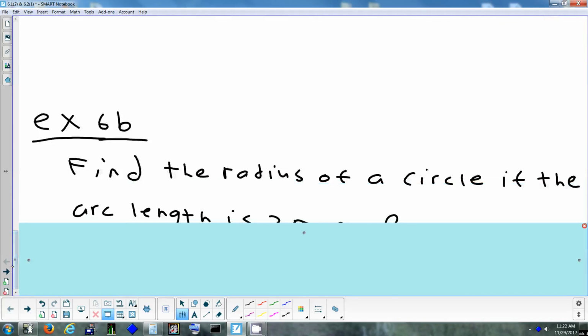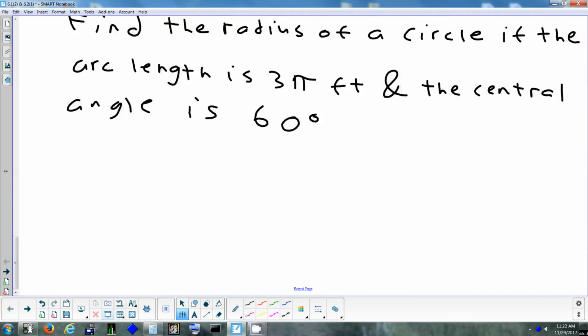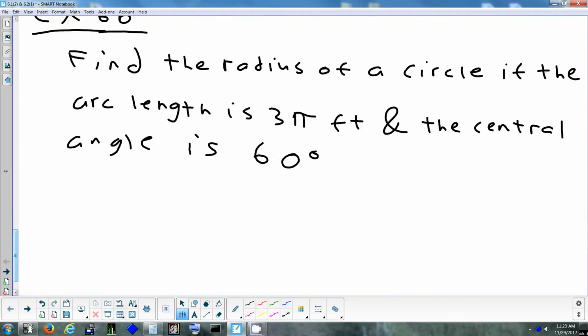Let's try this one. No picture this time. Here it says find the radius, so now you're solving for a different variable. Find the radius if the arc length is 3 pi and the angle inside the circle is 60 degrees.